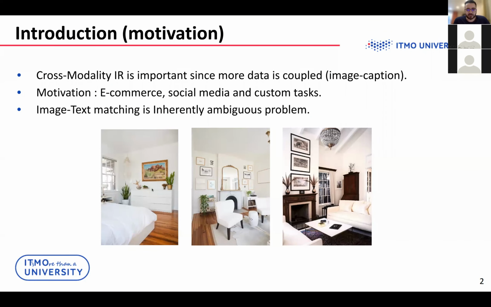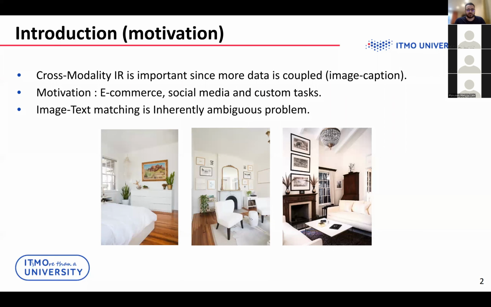So let's start by setting the motivation and the reason why we need such intelligent systems. If we want to talk about cross-modality information retrieval, it's important because nowadays the data on the internet is usually represented in coupled form.